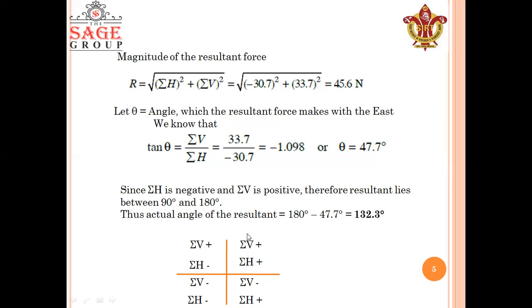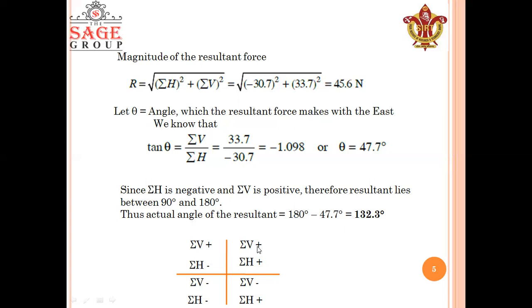In the first quadrant, summation of V and summation of H are both positive. In the second, V is positive and H is negative. In the third, both are negative, and in the fourth, V is negative and H is positive. Here V is positive and H is negative, so the actual angle of the resultant lies in the second quadrant.